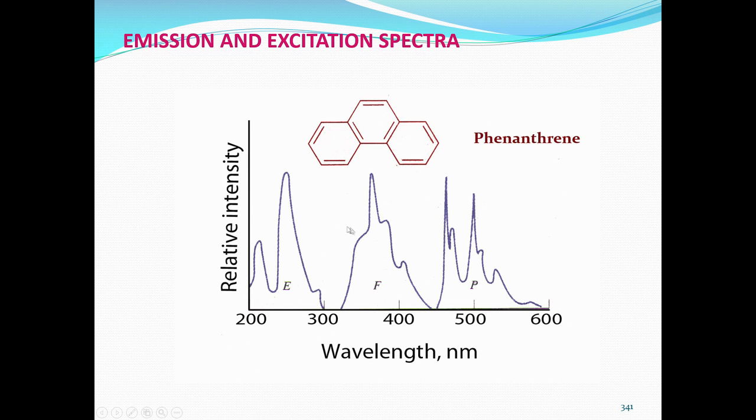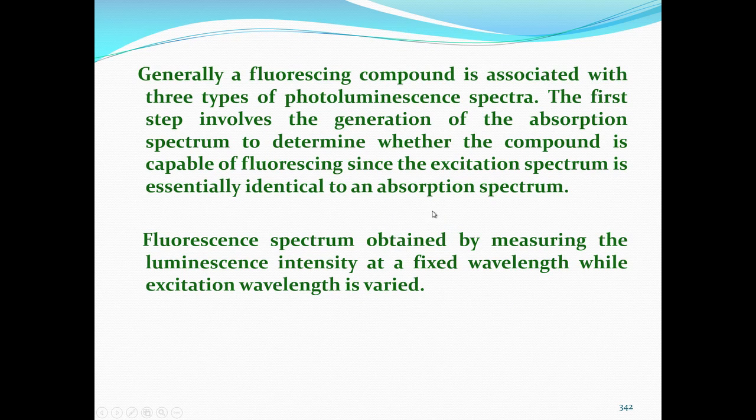Therefore, what is important to note in this case is both the excitation and emission are approximately similar in shape. You can see E and F, and P of course there is a slight difference, but E and F are approximately similar only. So, a fluorescing compound is associated with 3 types of photoluminescence spectra.